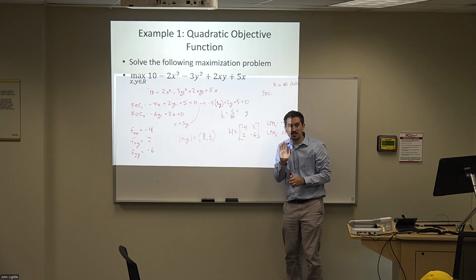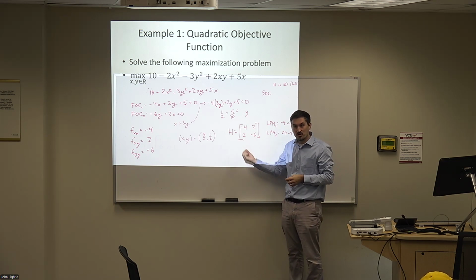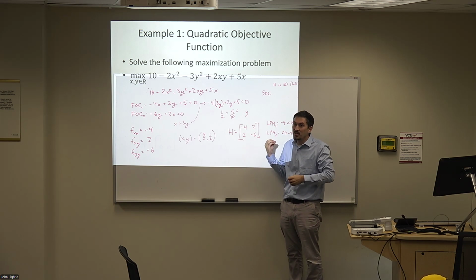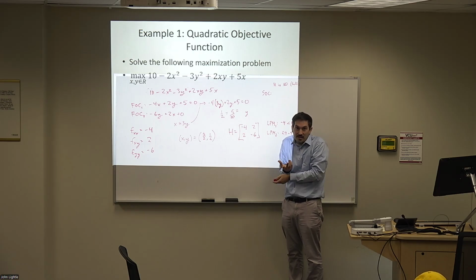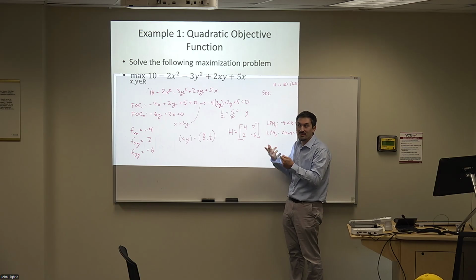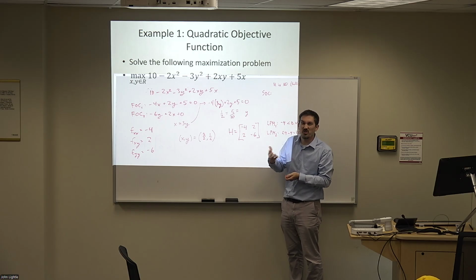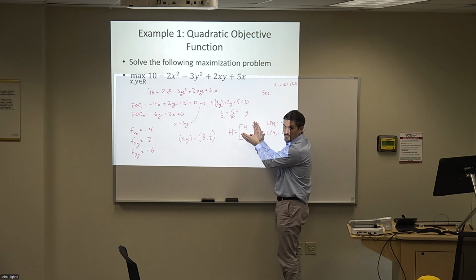But to be honest, you might see some 3 by 3 Hessians, and you might be asked, is this a negative definite Hessian? Is this a positive definite Hessian? I think the fastest way to tell whether it's positive definite or negative definite or neither is to do this with the leading principal minors.